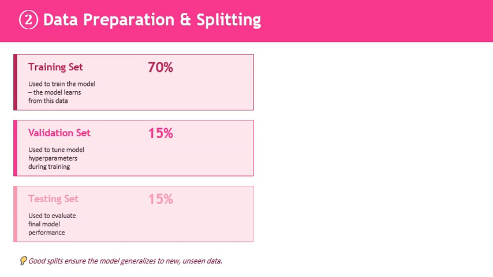We use it to evaluate the final performance. The testing set should remain completely unseen during training. So we have the idea that a good model should perform well not only on training data but also on new unseen data.